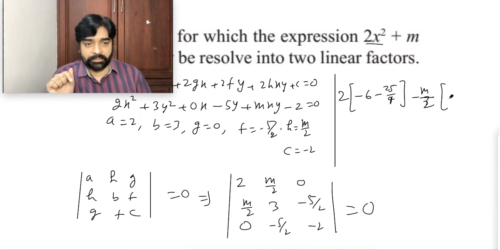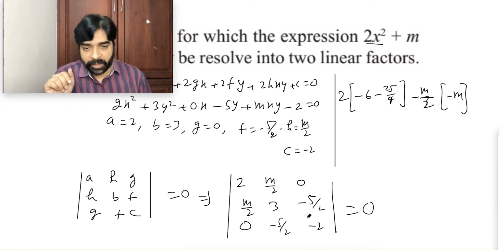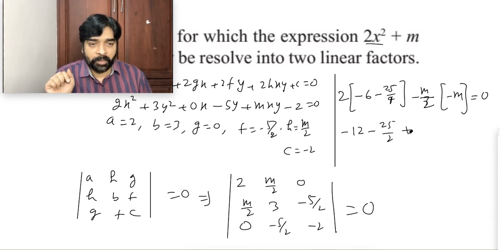Minus m into 0, that's all, and 0 into, forget it, it must be equal to 0. So we are getting minus 12 minus 25 by 2 plus m square by 2 equal to 0.